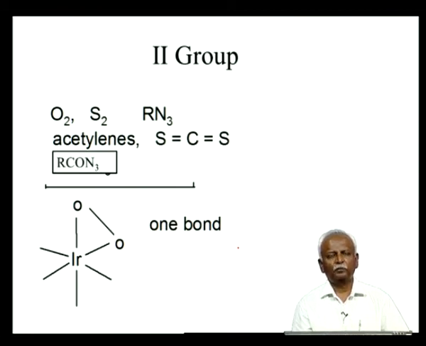So, now this brings me to the second group of reactions. The second group of reactions involves oxygen, sulfur or azides, and when you react them with molecules like Vaska's complex, they undergo a simple oxidative addition reaction. As I mentioned, one bond is always retained in the second class of molecules which do oxidative addition.